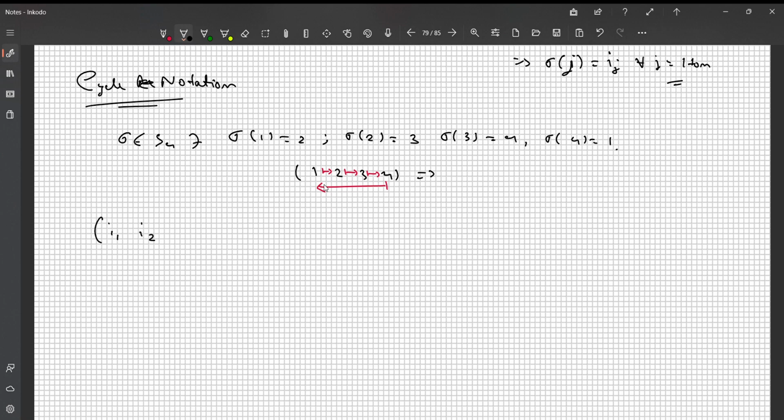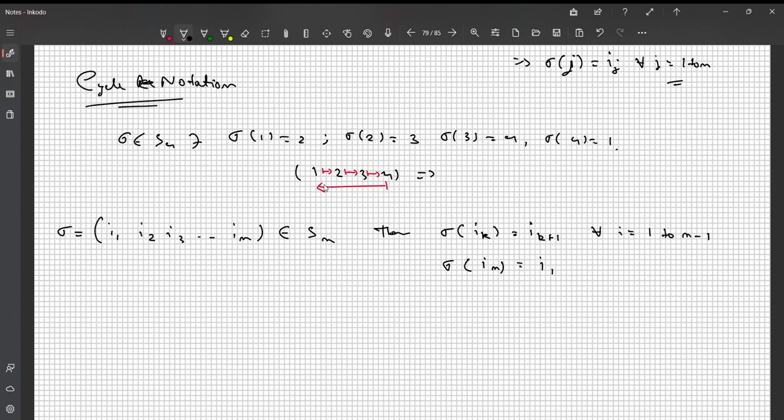So on a general basis, this notation, if you have (i1 i2 i3 ... in) in Sn, suppose we denote this as sigma, then sigma just maps ik to ik+1 for all k equal to 1 to n minus 1, and it maps in back to i1.